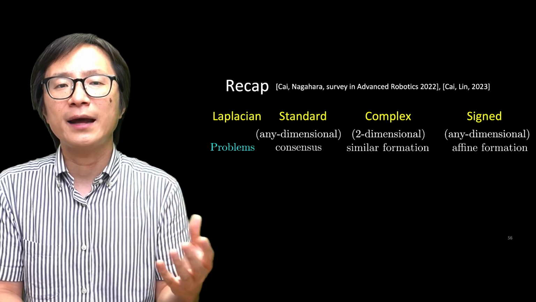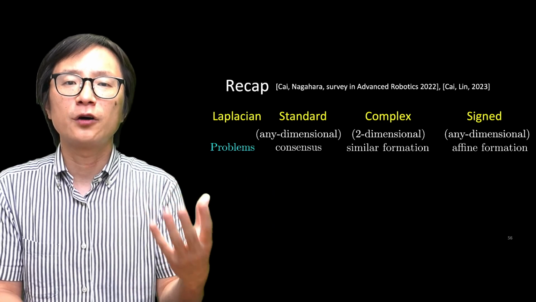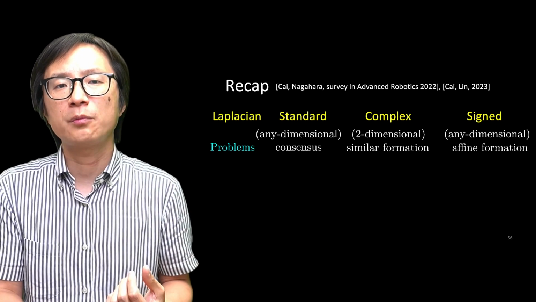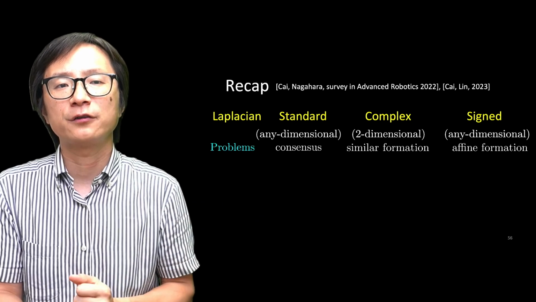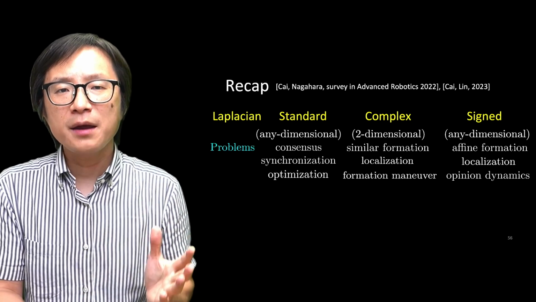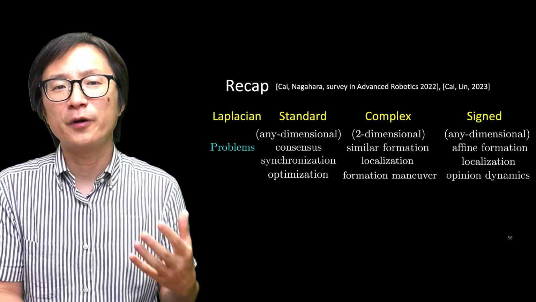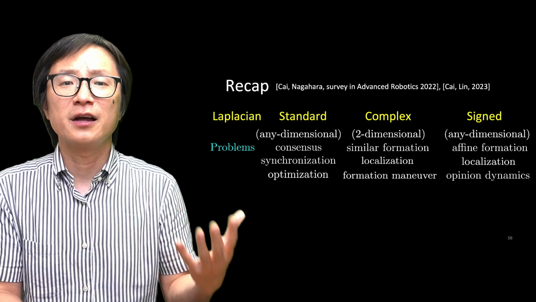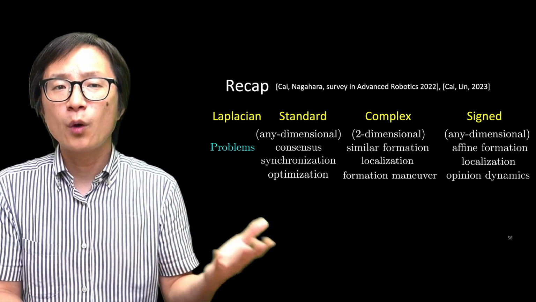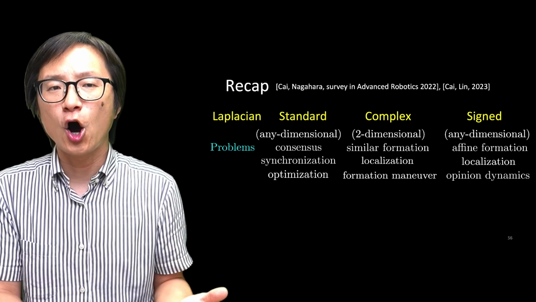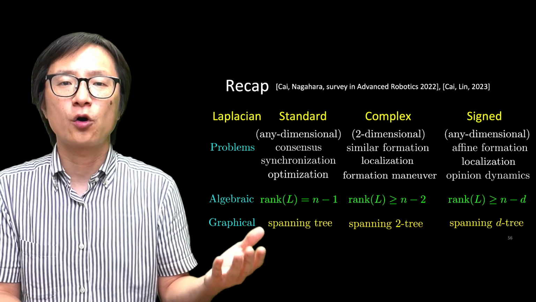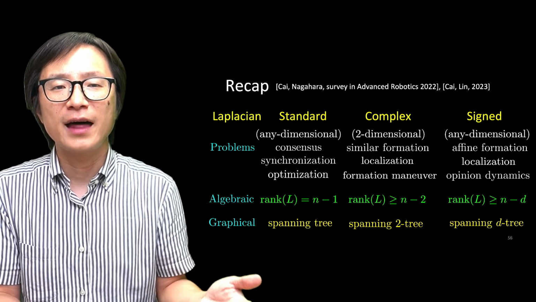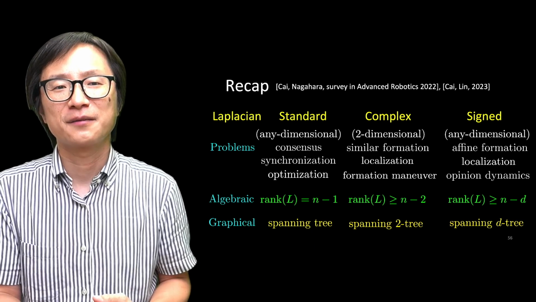And we have explained how to use them to solve multi-agent cooperative control problems from consensus to similar formation and affine formation. There are many more related multi-agent cooperative control problems that I have not covered, but every one of them relies critically on these algebraic rank conditions and the corresponding graphical conditions that are covered in this talk.